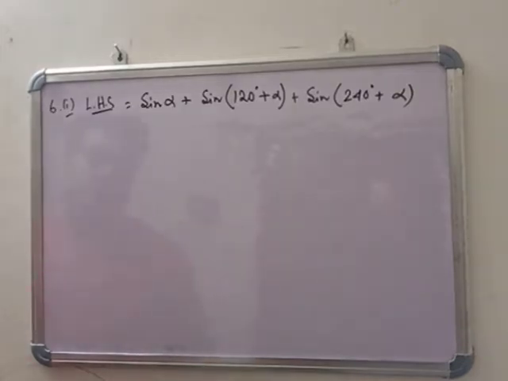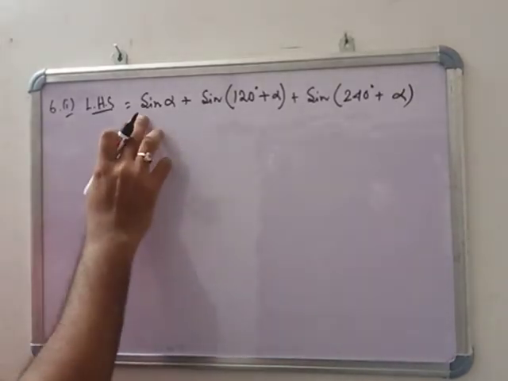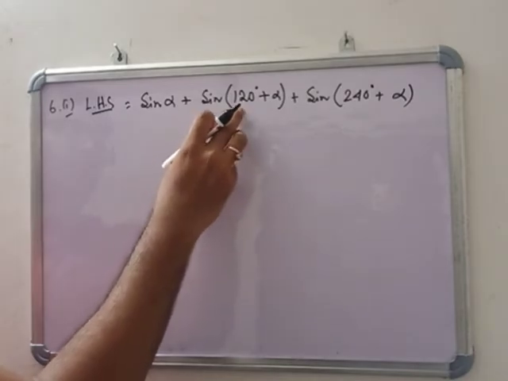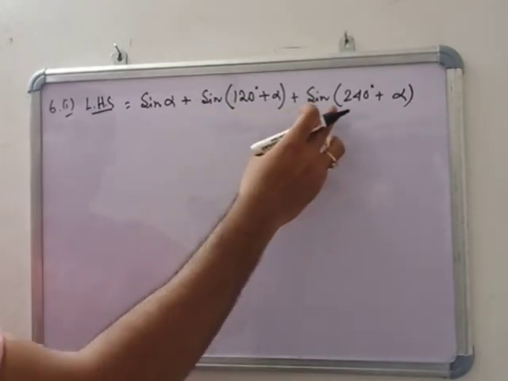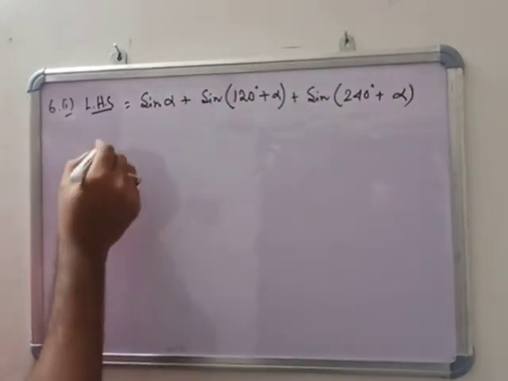In 6.1, see that LHS is given sin alpha plus sin 120 degree plus alpha plus sin 240 degree plus alpha.